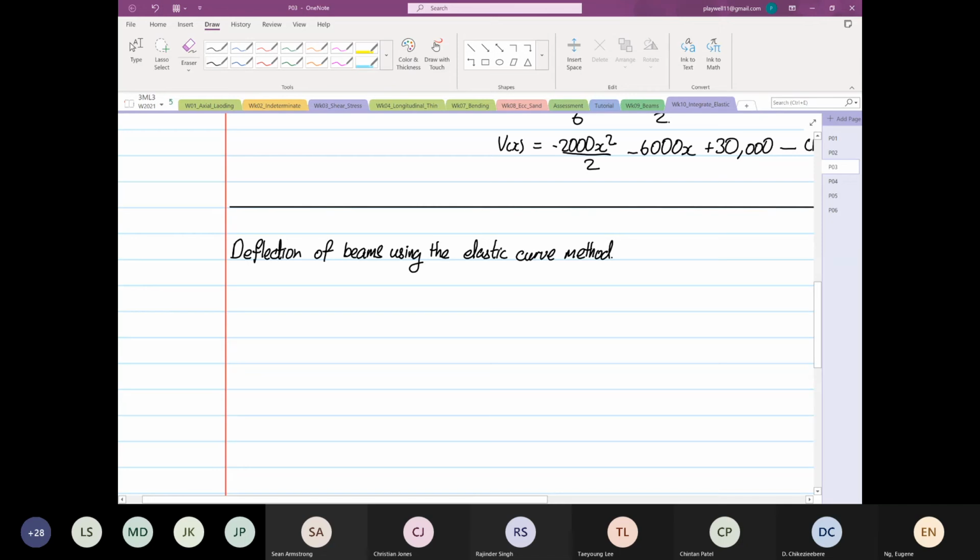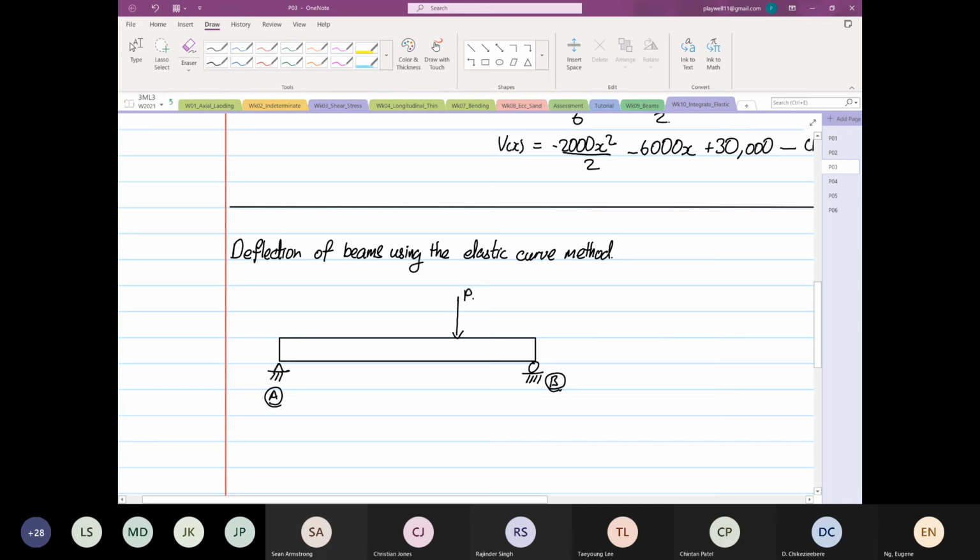So we are going to look at a structure that is simply supported. This is our structure, simply supported at point A and at point B. Then we are going to put a force, a point load, a certain distance away.